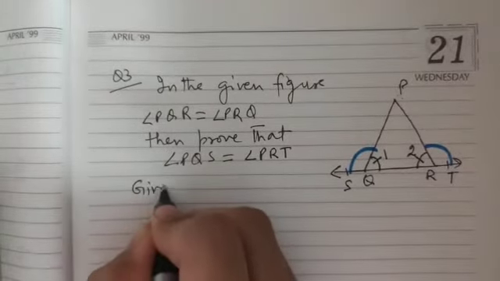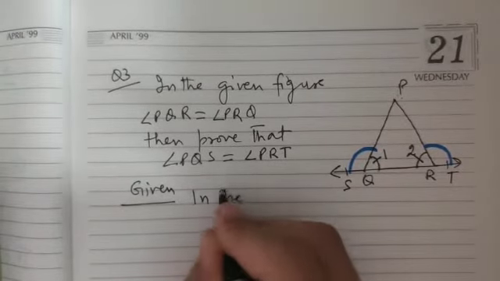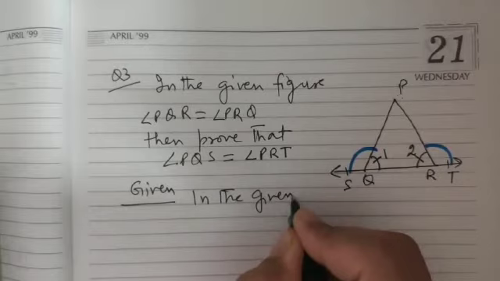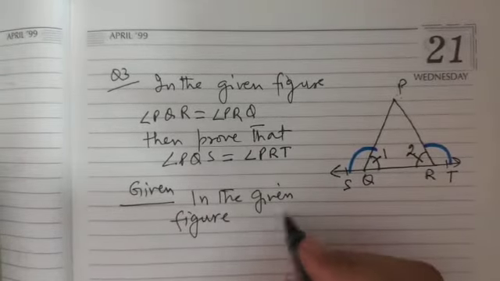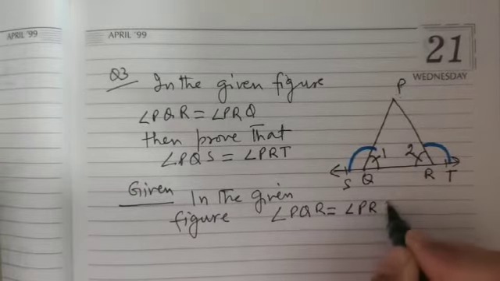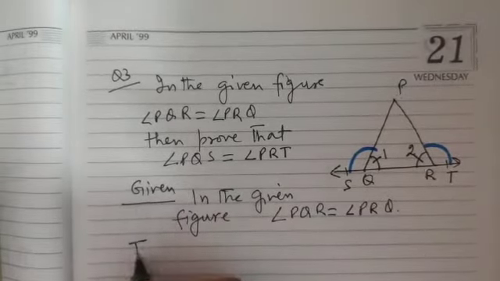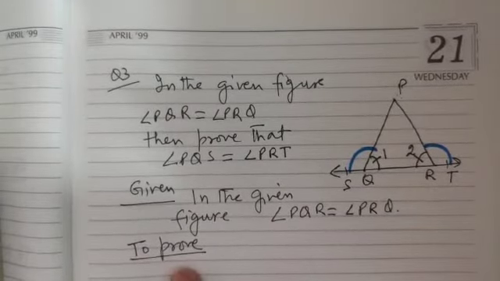So write down what is given. So we write it in the given figure. It's a good habit to write in the given figure: angle PQR is equal to angle PRQ. Then we need to prove. Some children write here proof.